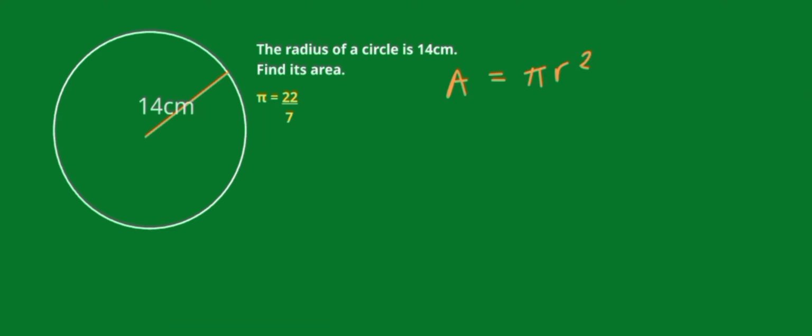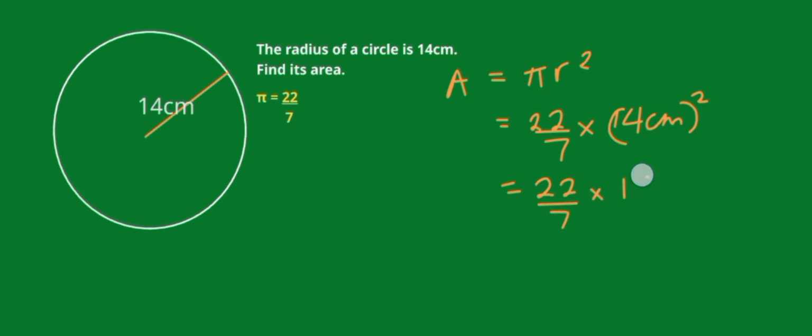And with pi given as 22/7, in this problem, the area of the circle is going to be 22/7 times 14 centimeters squared, where the square of 14 is 196, so 196 centimeters squared to multiply 22/7. What do you think this is going to give? 616 square centimeters for the area of this circle.